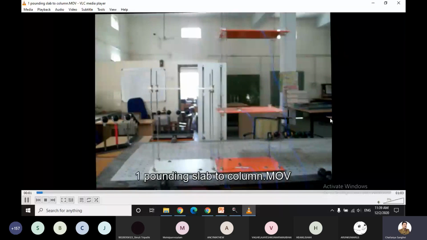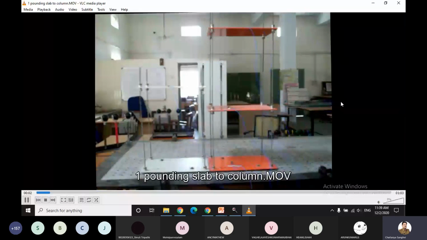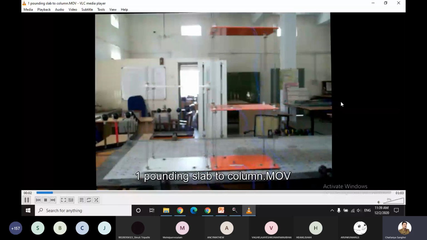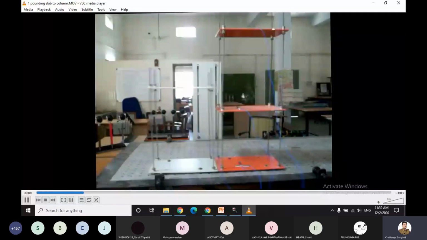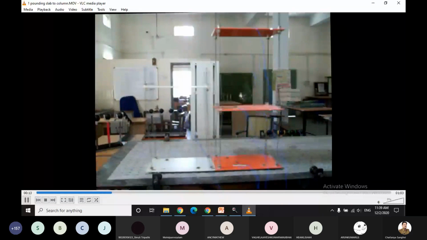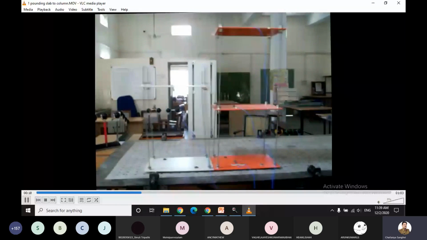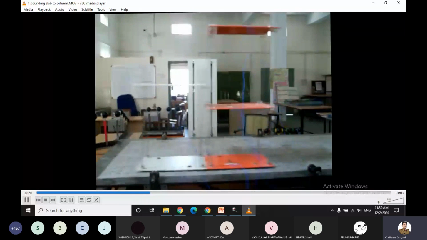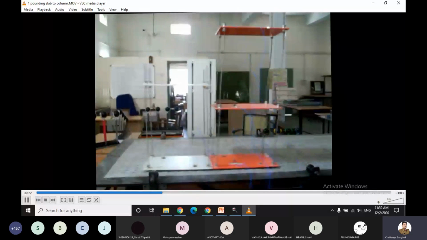Look at this. What is happening now when the two models are close to each other? When the separation gap is not there, then these models are going to hit. The slab is going to hit the column of the other building. We have designed this column for the earthquake force, but not for the impact. And now we'll see what is going to happen, right?